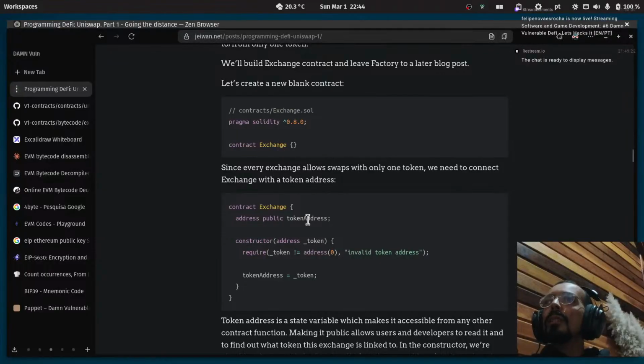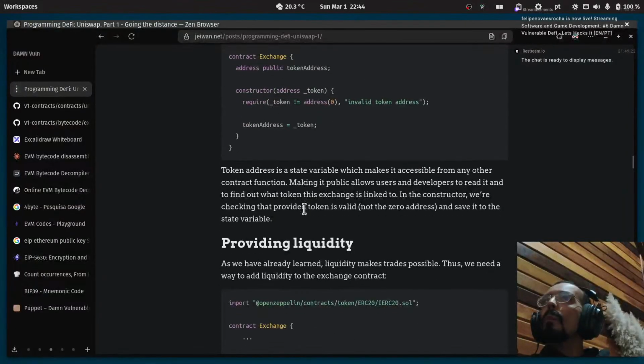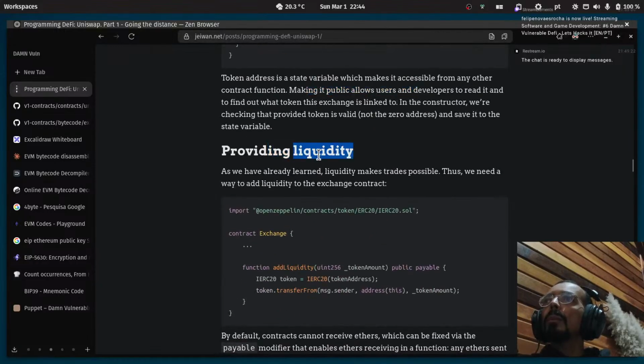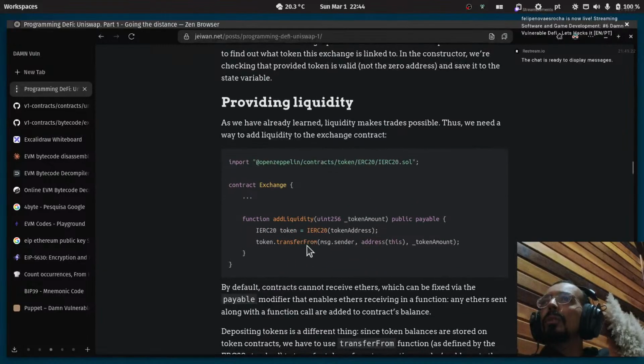So exchange is a kind of token. Yeah, the token address is a state variable which makes it accessible for any other contract function, and makes it public. Users providing liquidity, so we already learned liquidity makes trades possible. We need a way to add liquidity to an exchange contract.